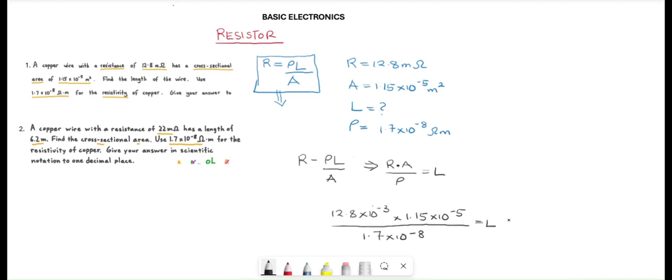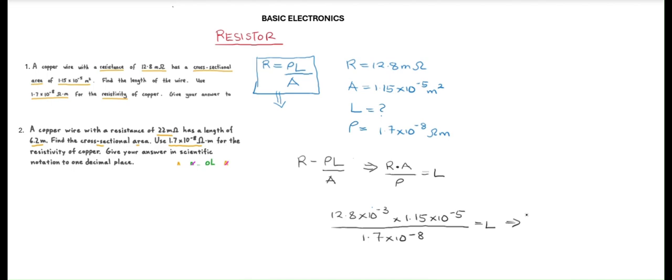And this is equal to the length. So by computation, we can get our answer. So when you use your calculator, you're going to get 8.86 meters to be your length, right? Then we'll look at the second question.